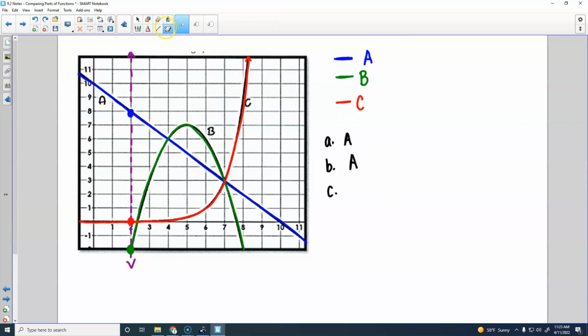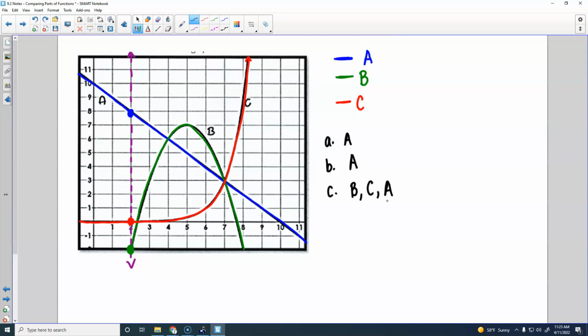It is smallest to greatest, so let's try this again. Smallest would be B, the green graph. Then middle would be C, and then greatest would be A. Sorry, I had those backwards. Smallest to greatest. We should have started with the lowest one there.